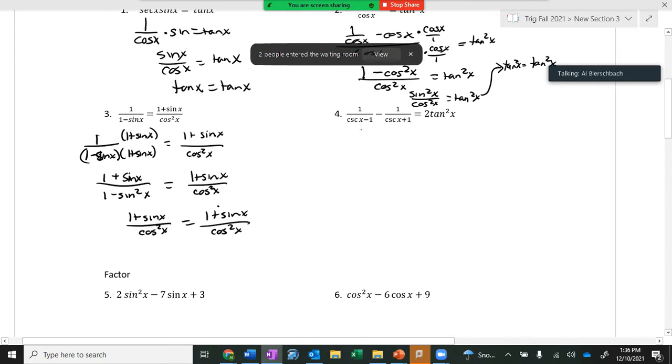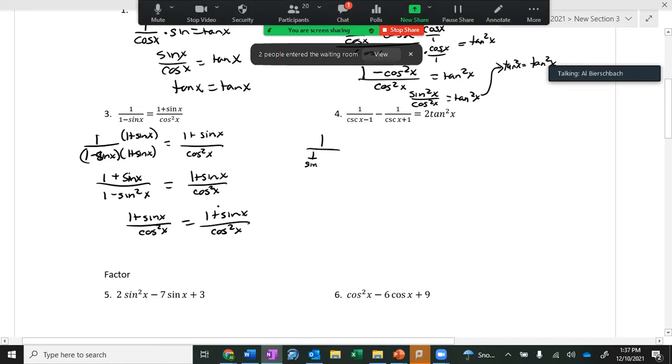Okay, number 4. And you'll see one like this on the test where it's just a little bit more complicated. Hopefully not too much. So 1 over sine of x minus 1, minus 1 over sine of x plus 1.